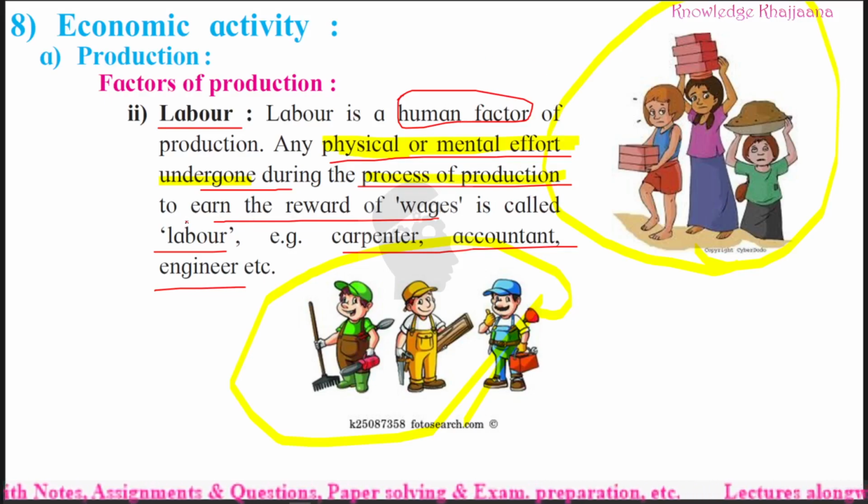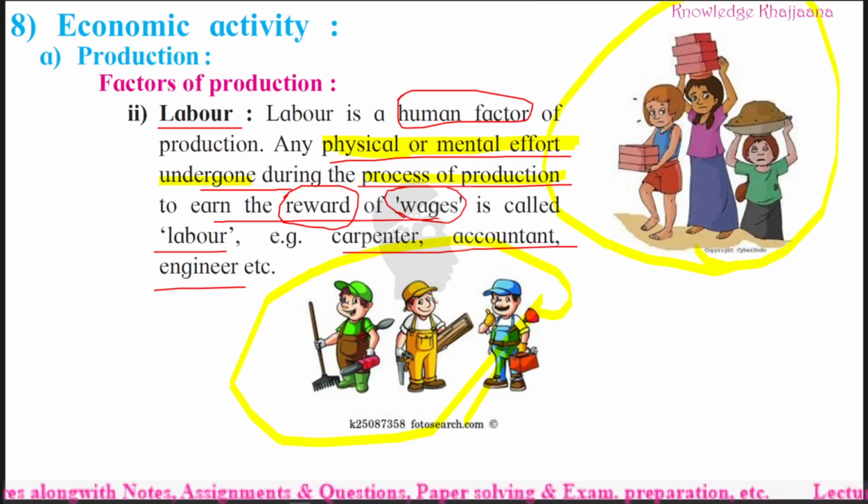So whatever reward or remuneration they earn by offering their services, that is called wages. They earn the wages, because they are the laborers, the workers. So that is called labor. Who are the labor? Can be carpenter, can be accountant, can be engineer. So these are the different labors.